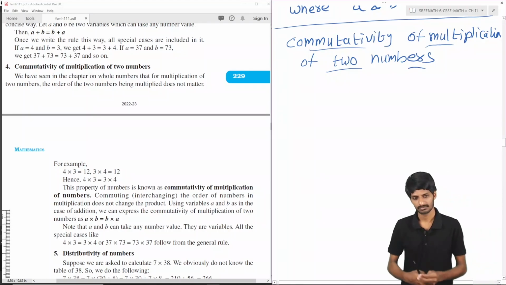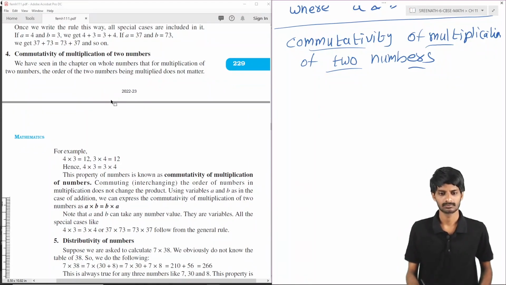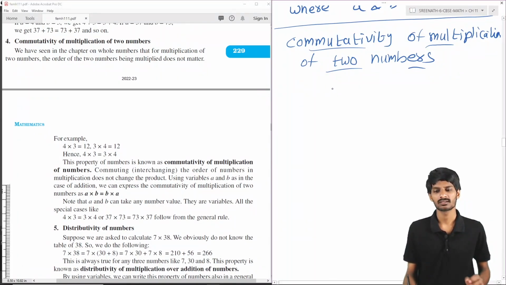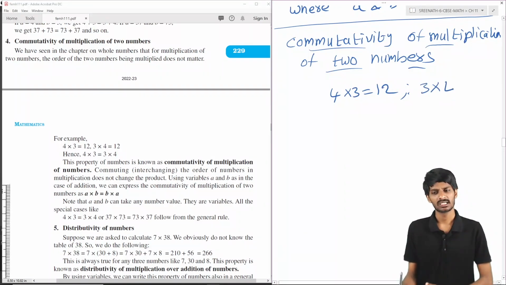Okay students, so this is the case. So we know that, students, if you multiply two numbers, 4 into 3, it will give 12. So even if you interchange the numbers, that is 3 into 4, it gives us the same result. So finally 4 into 3 is equal to 3 into 4.